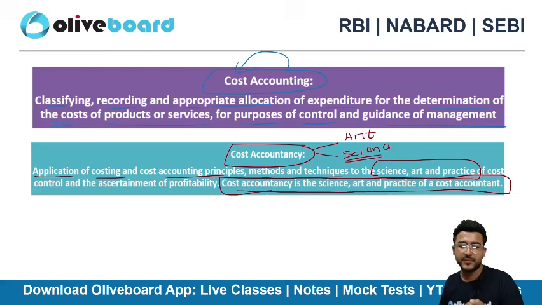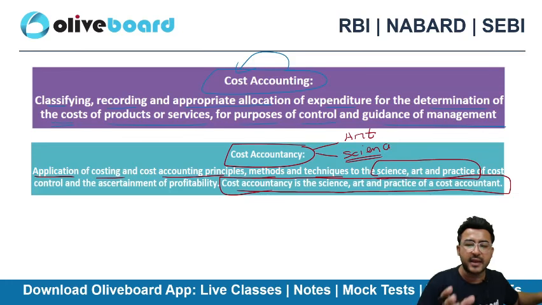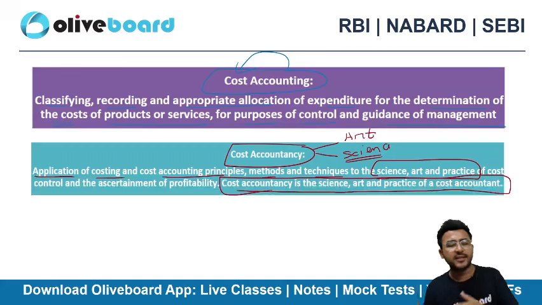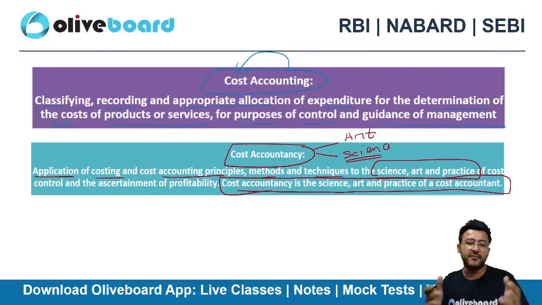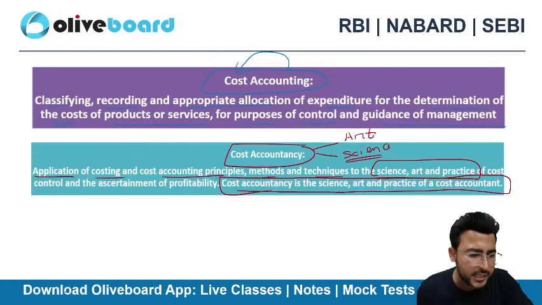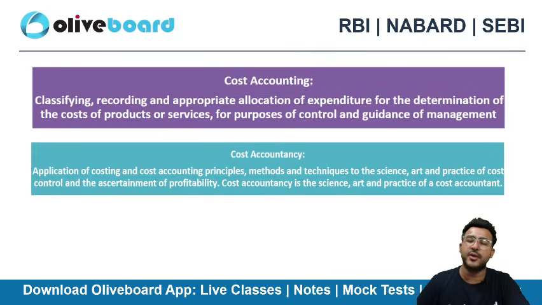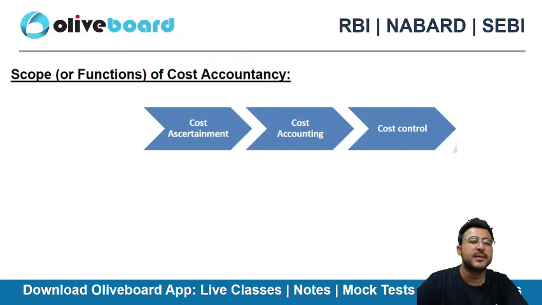There's a difference. Here we are computing, recording, classifying and summarizing the cost. We'll definitely have a good discussion on cost accounting versus financial accounting versus management accounting in this chapter.